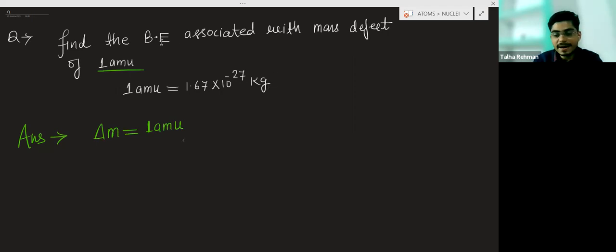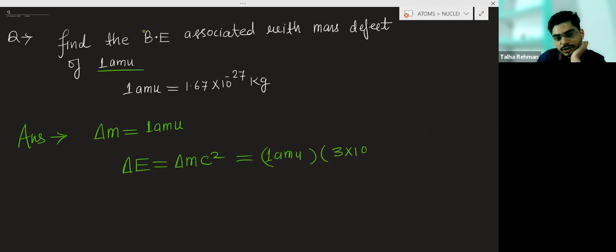And they are asking for the binding energy. So what is the binding energy? Binding energy is basically the energy released due to the mass defect. So it will be delta M into C square. So what is delta M? Delta M is 1 AMU. C square means 3 into 10 to the power 8 meter per second, squared.